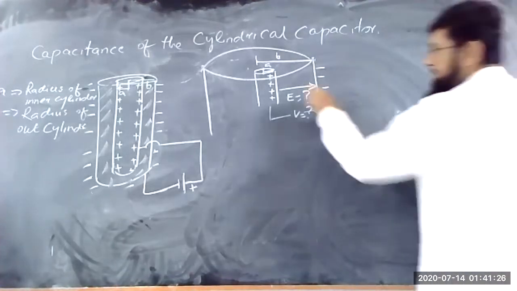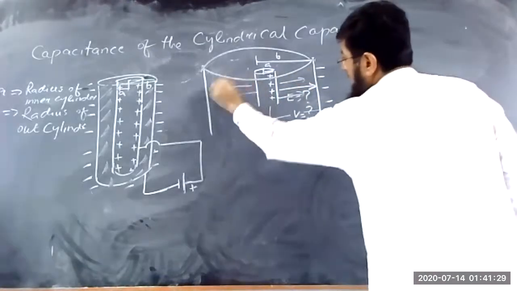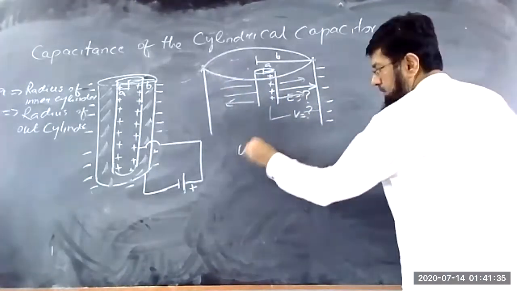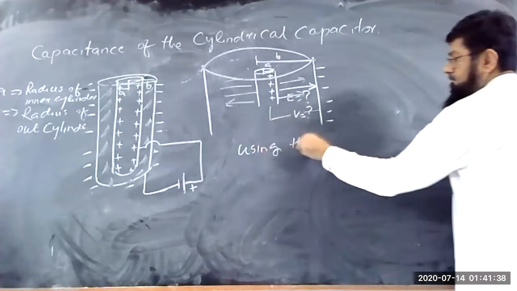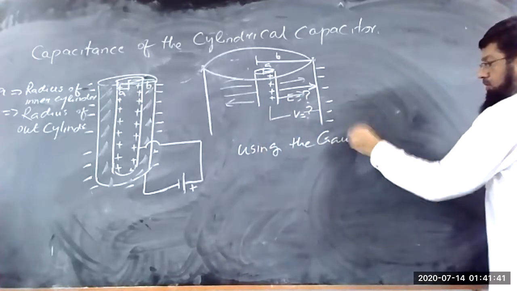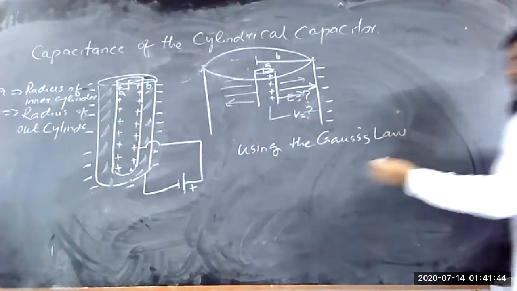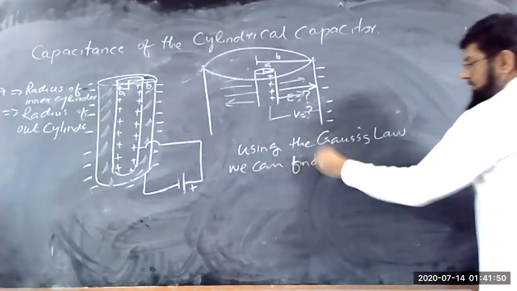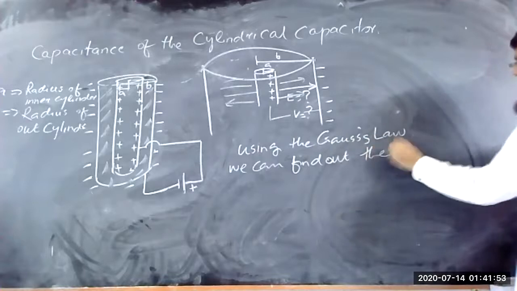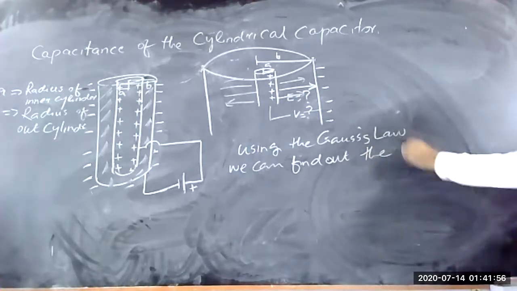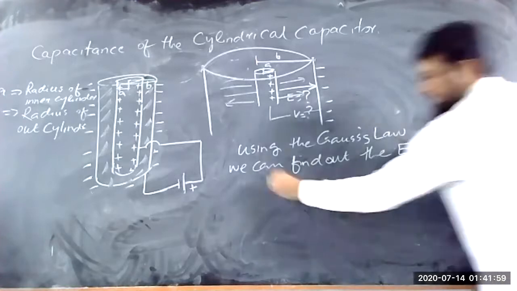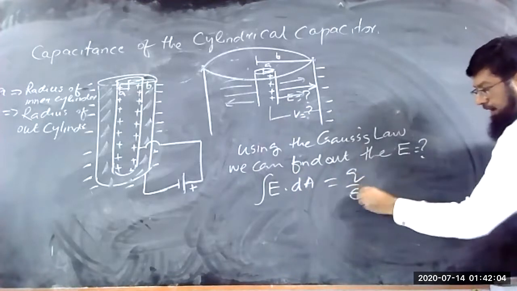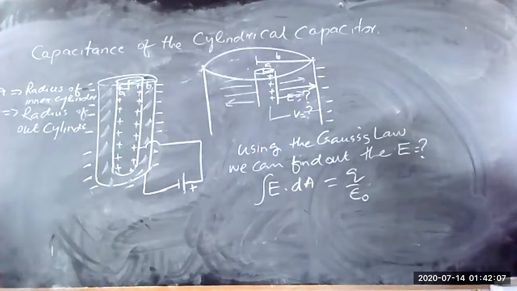So the electric field can be found out by using Gauss's law. These are the electric lines of force passing through the area of the cylinder. So using Gauss's law, we can find out the electric field E. So the electric line of force passing through a unit area is equal to Q upon epsilon naught. This is Gauss's law.